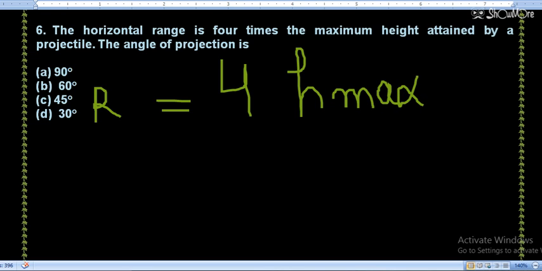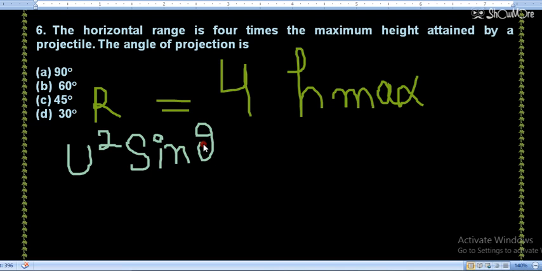Now for the given question, we know the formula for range. Range is equal to u square sine 2 theta by g.